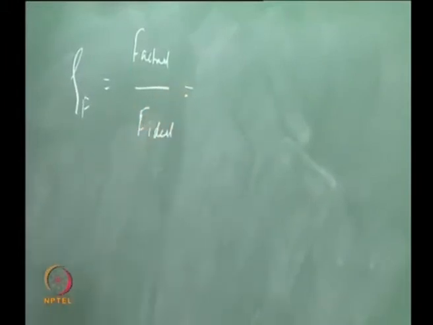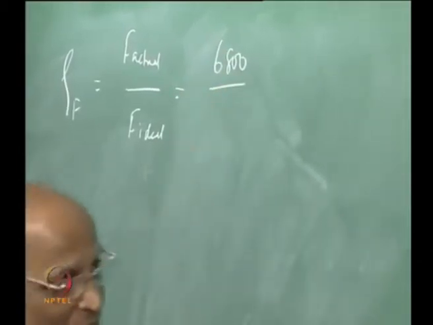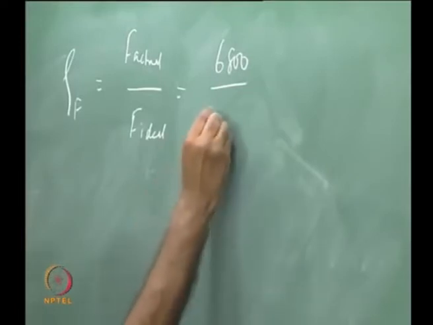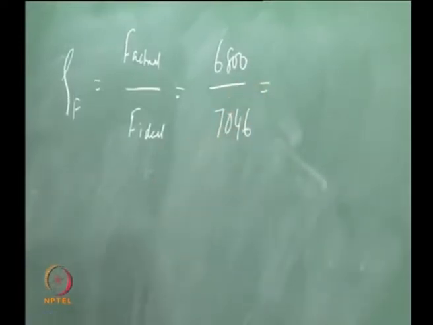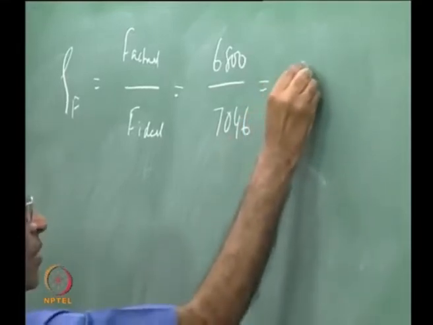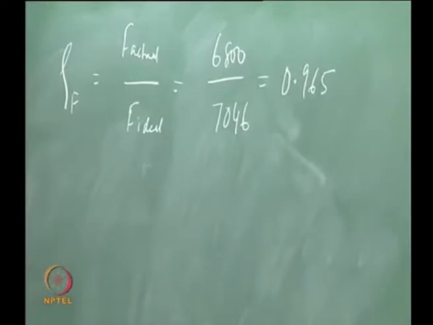F actual is 6800, the actual value. The ideal value is somewhat larger, 7046 kilonewton, and therefore this value is equal to 0.965, and this is what one expects.